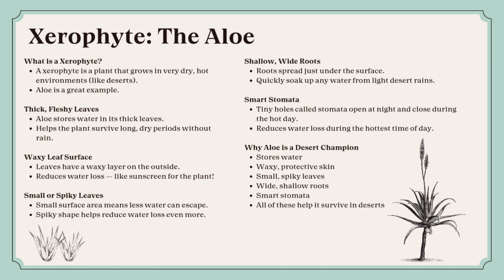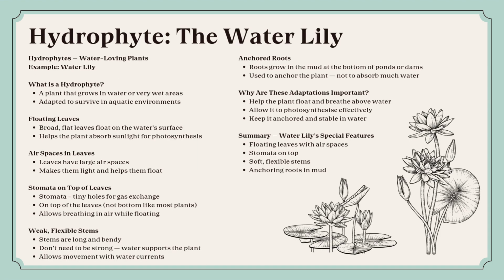So, with water-storing leaves, the waxy skin, the clever roots, and the closing stomata, the aloe is a real desert champion. That's what makes the xerophyte a plant adapted to survive in dry, harsh conditions. You need to know all these adaptations that the aloe has to survive.